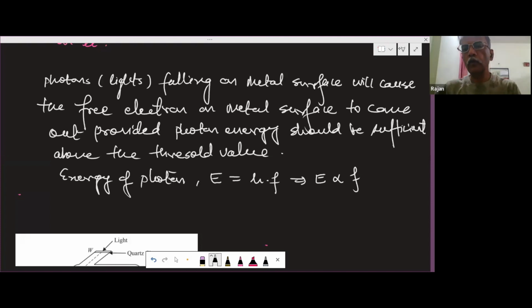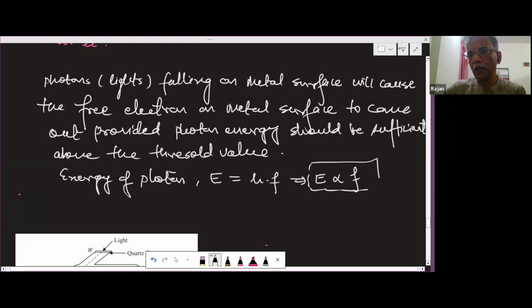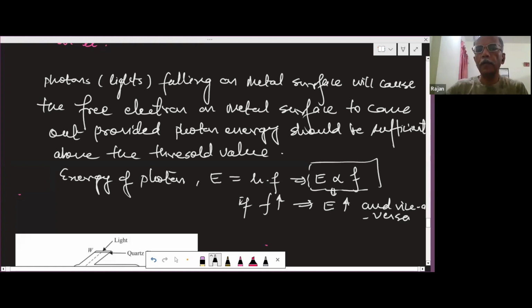So h being constant, E will be directly proportional to f. From here we can say if your f is more, the energy E of the photons will be more, and vice versa. Clear up to that?